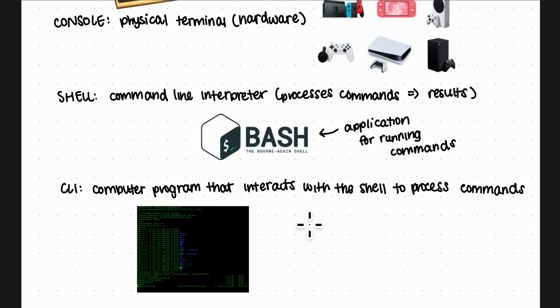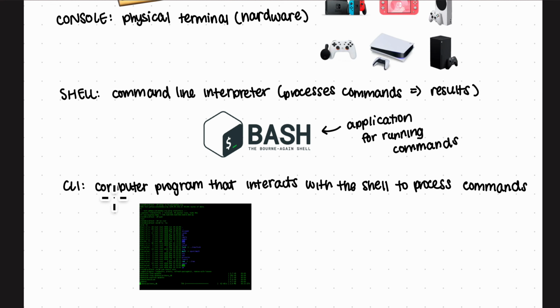And then finally, CLI, the command line interface, is a computer program that interacts with the shell to process these commands. So this is what you see on your computer. On Macs, you have the Terminal, which is a terminal emulator.